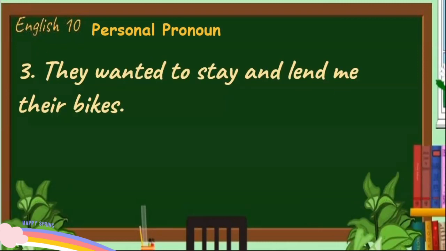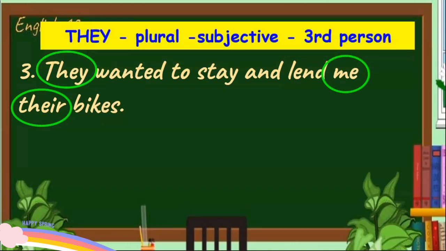They wanted to stay and lend me their bikes. So we have 3 pronouns here. They, me, and their. They, in terms of number, is plural. Case, it is the subject of your sentence, so it is subjective or nominative. And then the person, it is considered under third person point of view. Okay? Next is me. Me here is singular. The case is objective.